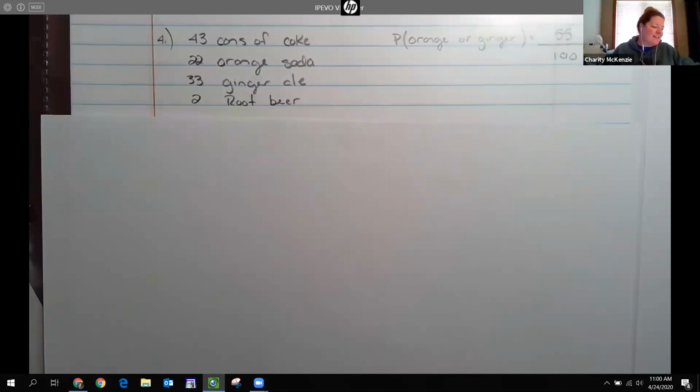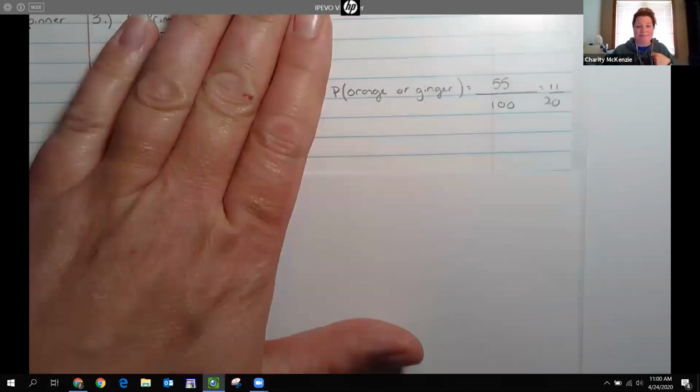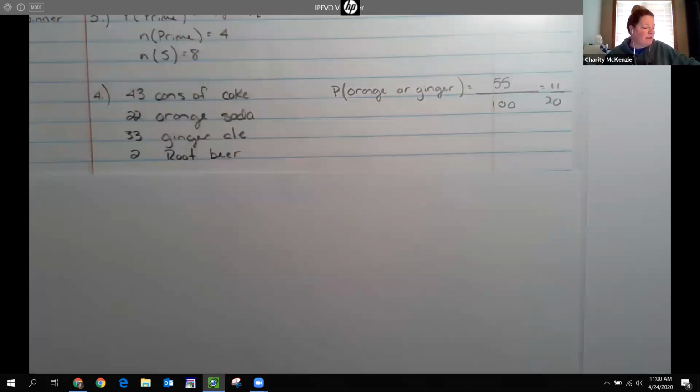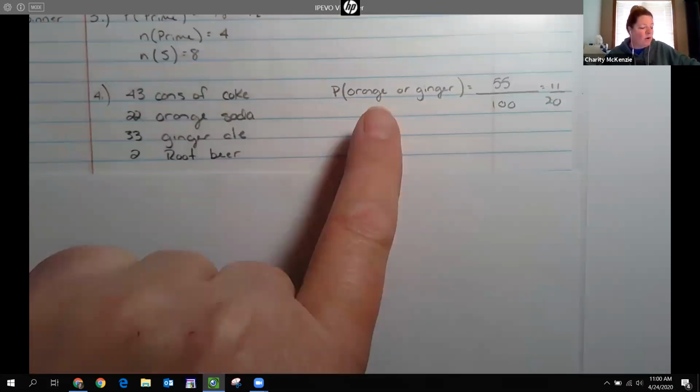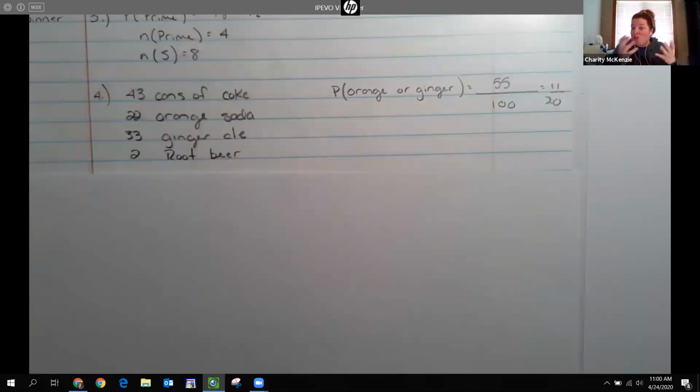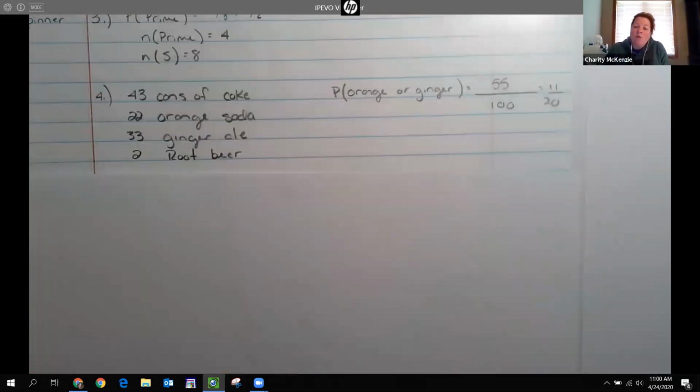I might be asked a question with the word or in there. What is the probability of orange or ginger soda being chosen out of that fridge? So you add orange and ginger together. 33 and 22 makes 55. And then you add up all of them because our sample space is everything, which is 100. So it's 55 out of 100, which is 55%, or 11/20ths if you reduce the fraction.